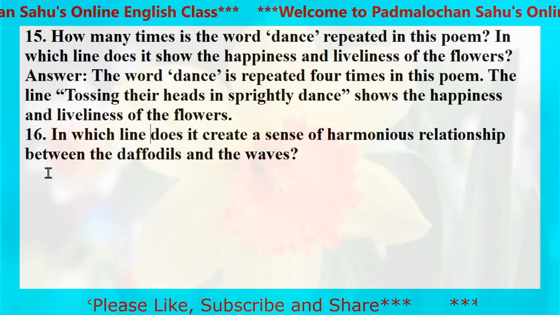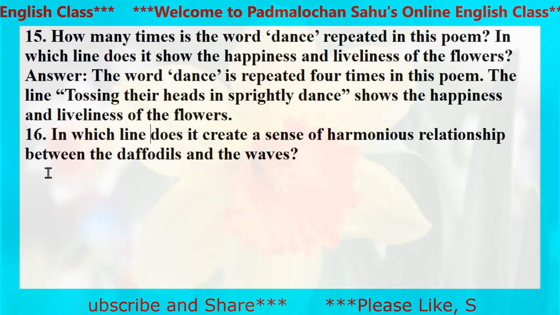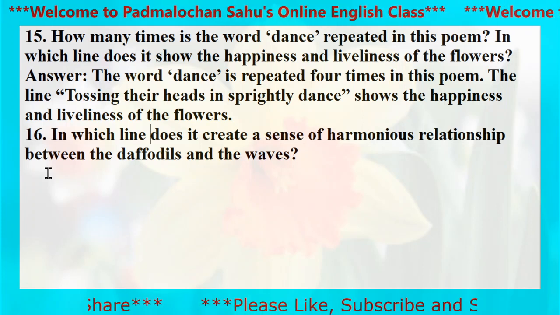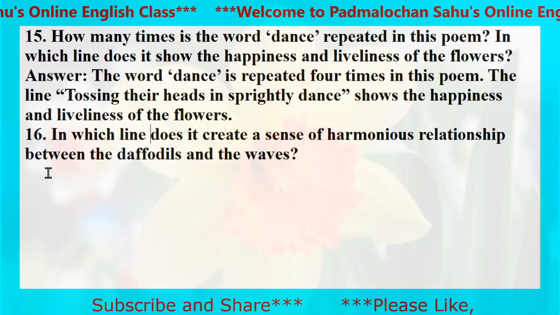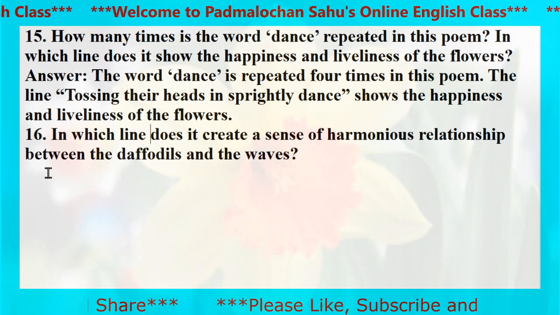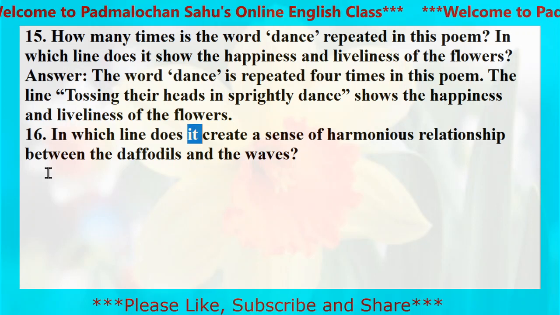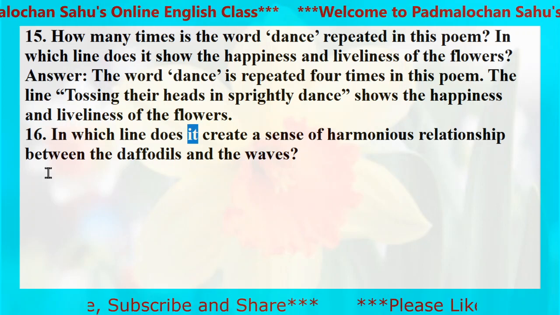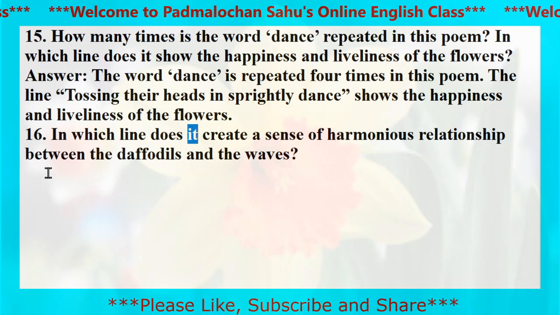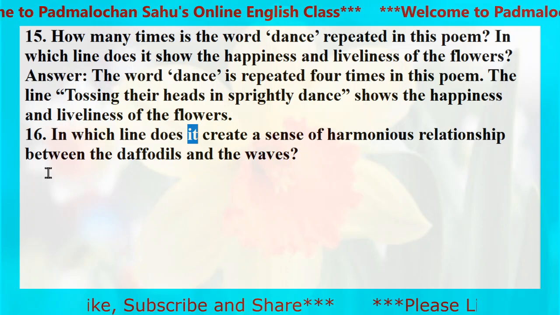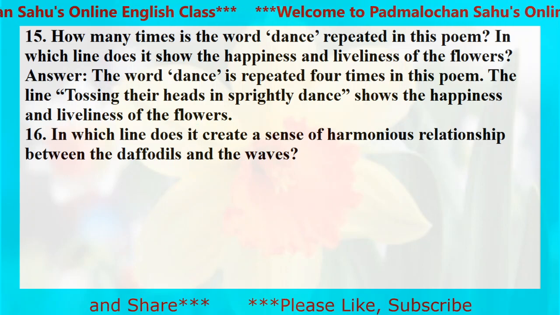Here the question has not mentioned the word dance, but the pronoun it refers to the word dance. So the word dance creates a sense of harmonious relationship between the daffodils and the waves.